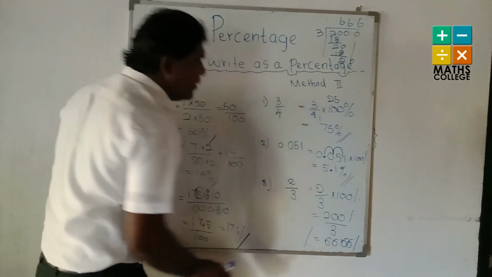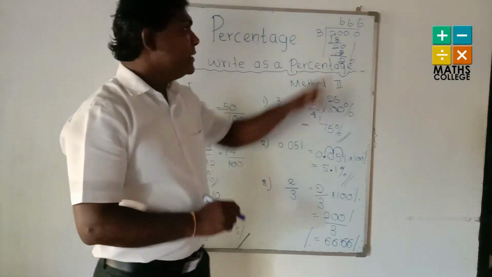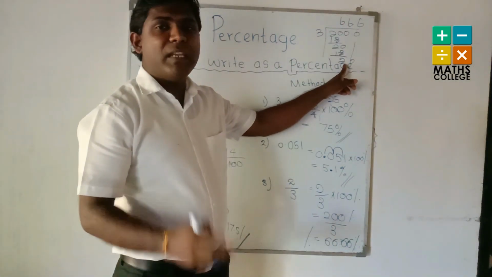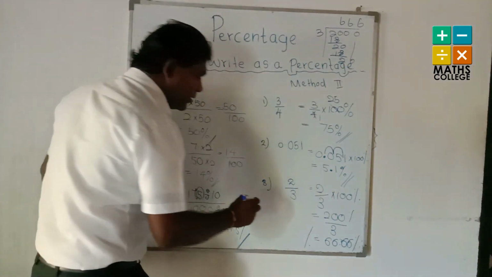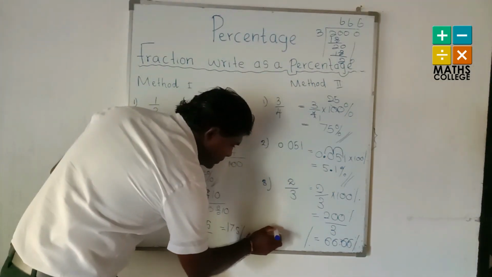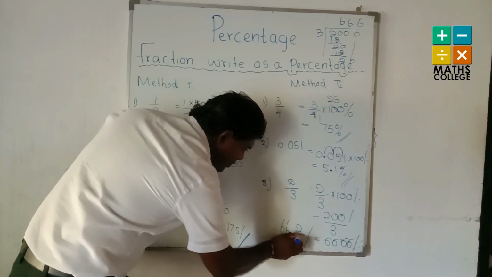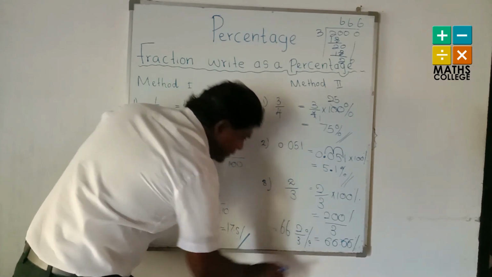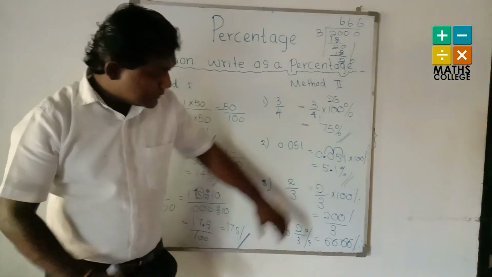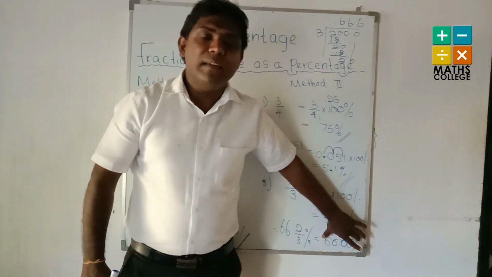For another answer we can write, my dear, 66 and here remain 2 from third, we can write like this also. These both answers are correct.